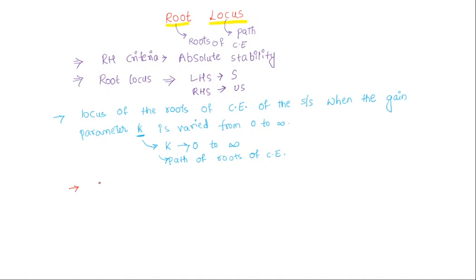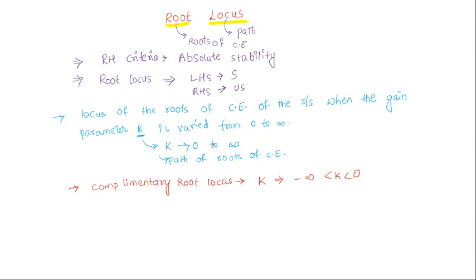And we are having two more plots, that is complementary root locus. The complementary root locus is nothing but if you draw the path of the roots of characteristic equation by varying the k value from minus infinity to 0, then you will get the complementary root locus.